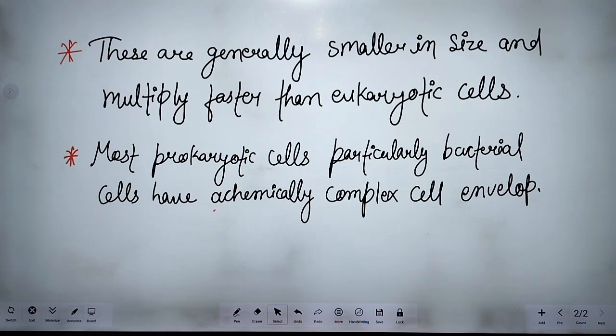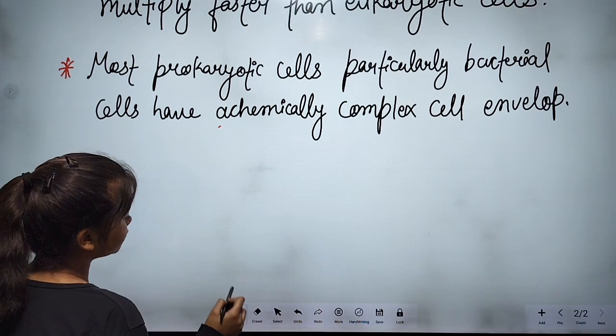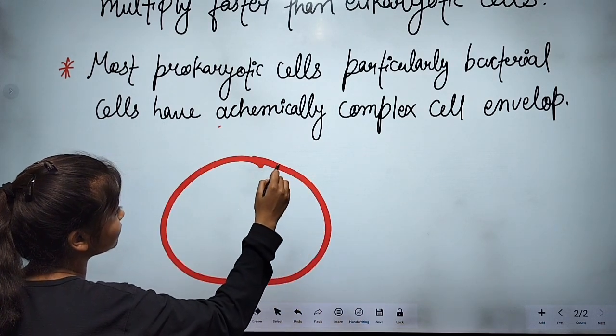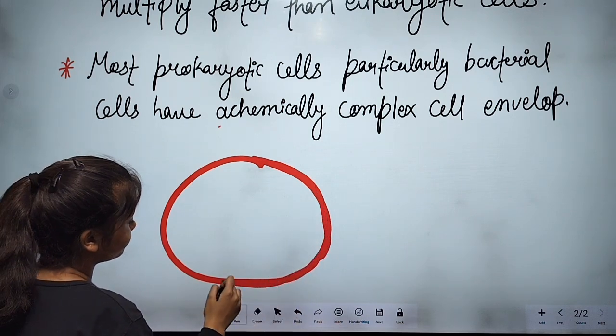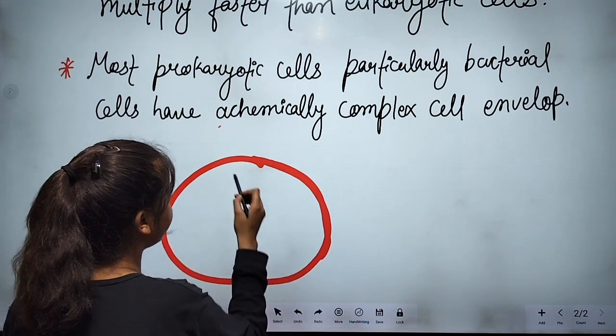It means it is talking about the outermost covering of the bacterial cell, the prokaryotic cell. We all know that in a prokaryotic cell 3 layers are present for protection. The outermost layer of the bacterial cell is, sorry, the capsule, or you can say glycocalyx. It is very hard.